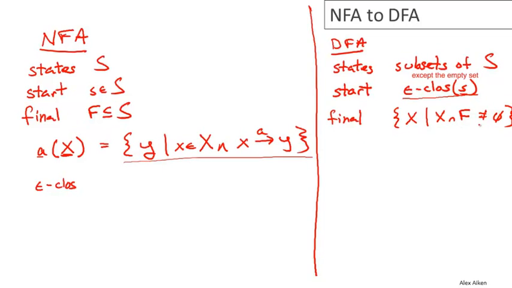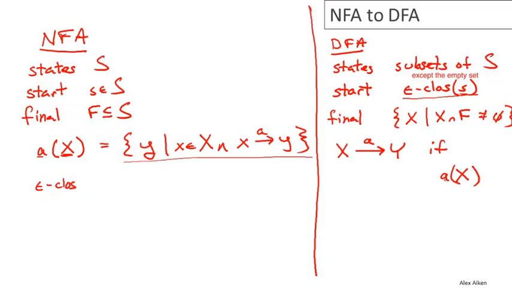And finally, we need to define the transition function. And how do we do that? Well, we need to say that for a given state X and another state Y, when is there a transition between them on some input A? Under what conditions? Let's write them out. So remember, we're in state X. And what do we need to know? Well, we need to know the set of states that we can reach on input A. And we just defined that.